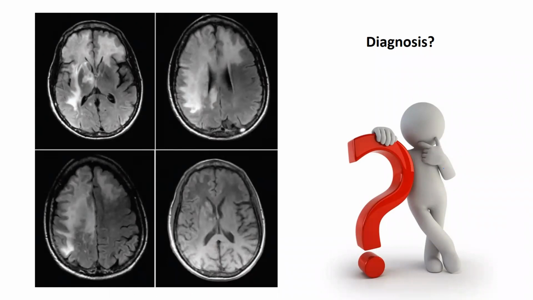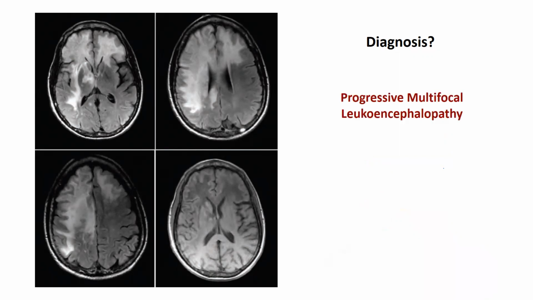Here bilateral cortical and subcortical hyperintensities were there, right more than left, involving the corpus callosum also and basal ganglia. PML, sir. Correct. So this is a patient with progressive multifocal leukoencephalopathy.